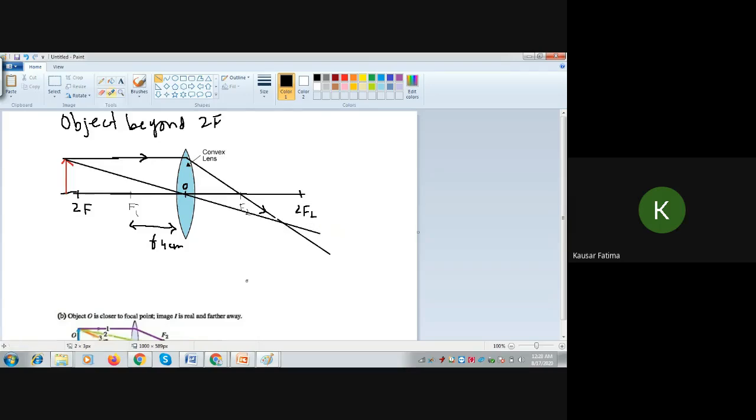Now this is the point of intersection. It means the image forms at this point.